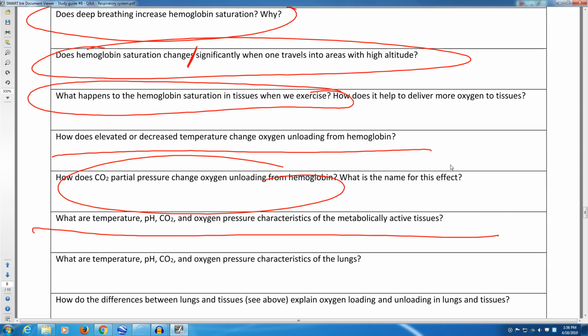What are the characteristics of metabolically active tissues? In metabolically active tissues, temperature is elevated. Please speak up. Elevated. pH decreased. CO2 increased. Oxygen decreased. Yes, very good.